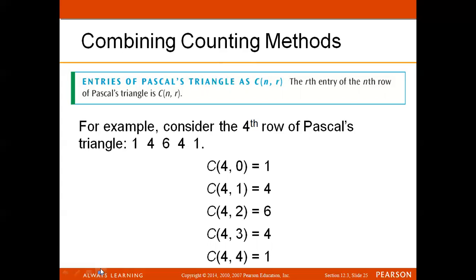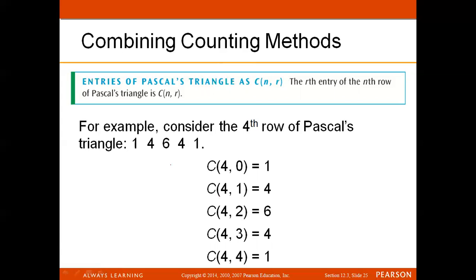There's one way to pick nothing from 4 things, and that's to pick nothing. There were 4 ways to choose one element from 4. There were 6 ways to choose 2 elements from 4. There were 4 ways to choose 3 elements from 4. And there was 1 way to choose 4 elements from 4. Because again, there's only one way to choose everything from the group, and that's to pick everything.